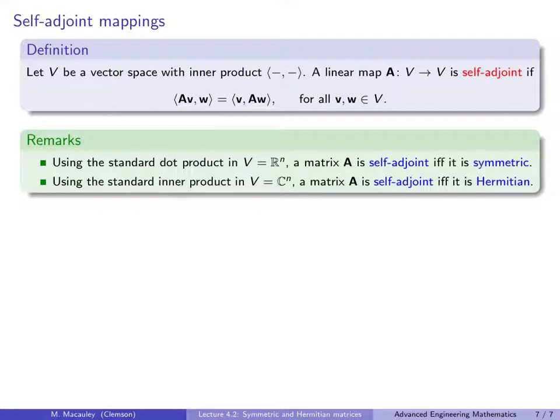Similarly, using the standard inner product in Cn, a matrix is self-adjoint if and only if it is Hermitian. And this is for a similar reason.